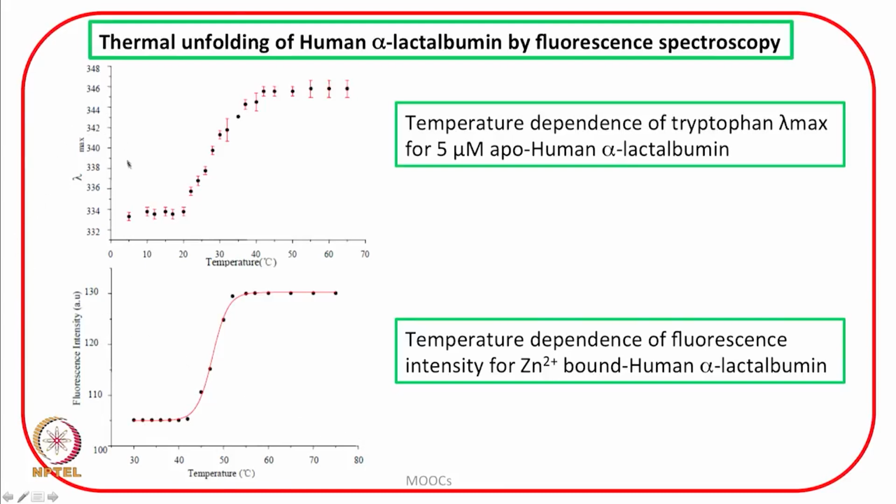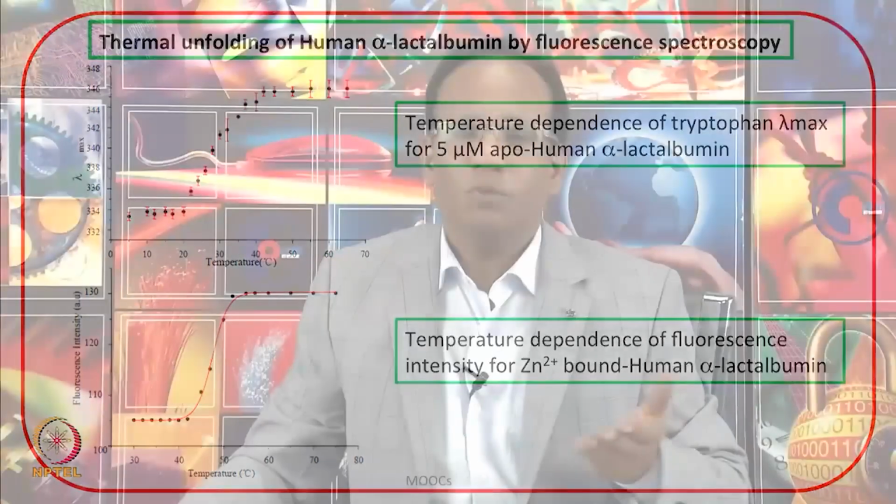So, in the upper case the observable is lambda max, and in the lower case the observable is intensity. We can use this in place of y and get the fraction denatured and then address the thermodynamics of the unfolding process in the manner that we just discussed.